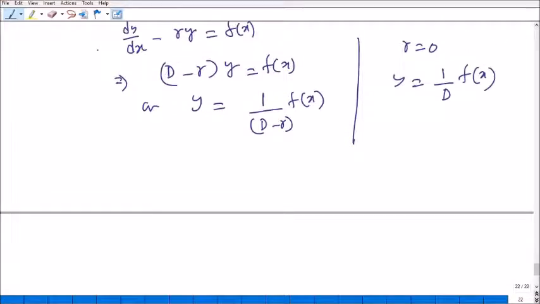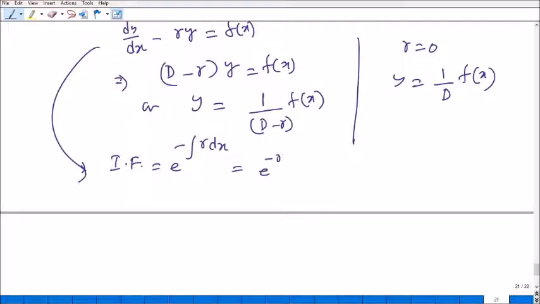From this equation we know that the integrating factor is e to the power of minus the integral of r dx. Since r is constant, we can write e^(-rx). Multiplying both sides by e^(-rx), the solution of this differential equation is y equal to e^(rx) times the integral of e^(-rx) f(x) dx.